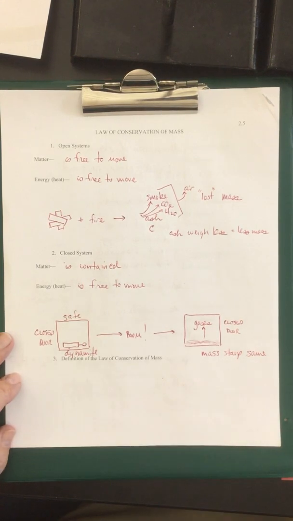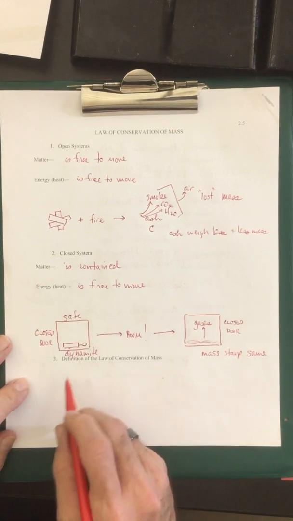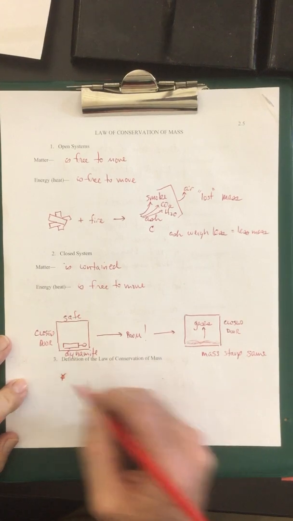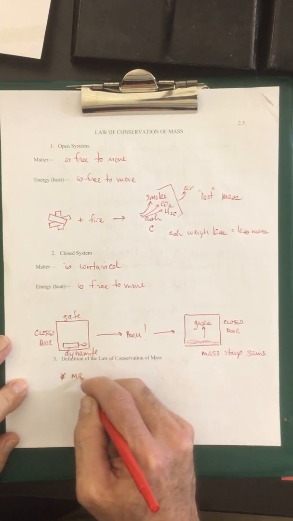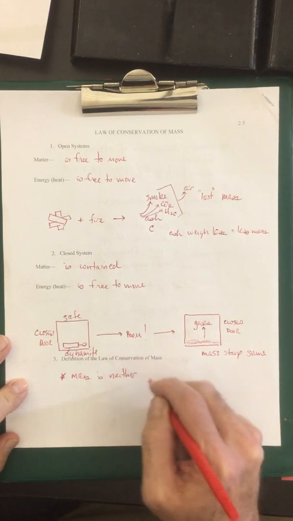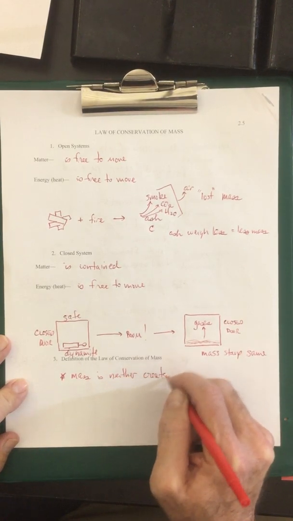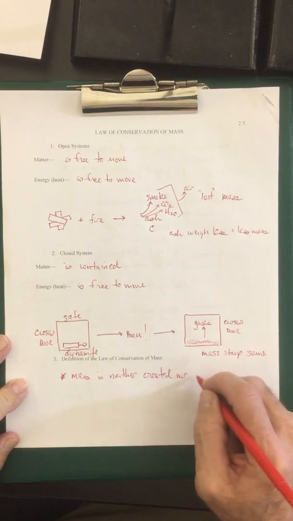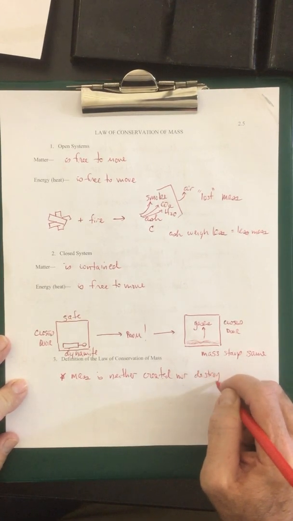So let's get to the definition of the law of conservation of mass. We talked about chemical reactions where we can't gain or lose any atoms. It's the same concept right here. So the law of conservation of mass states two things: that mass is neither created, and I think you might be able to finish this, nor destroyed.